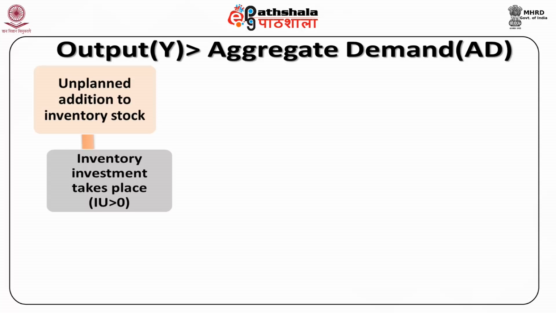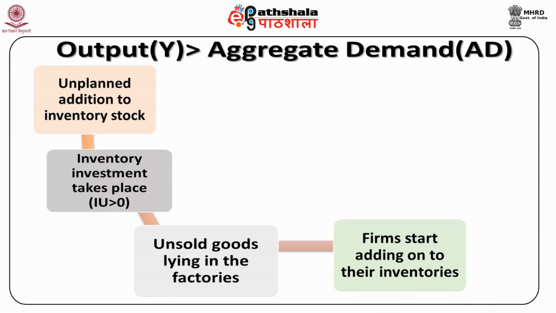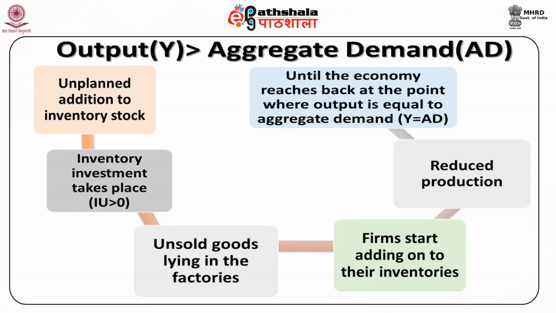IU is greater than 0 as there are unsold goods lying in the factories. As firms see their inventories piling up, they reduce production until the economy reaches back the point where output is equal to aggregate demand, that is, Y = AD.